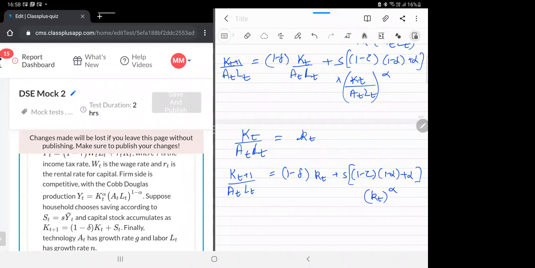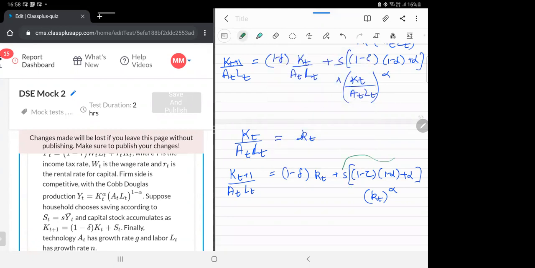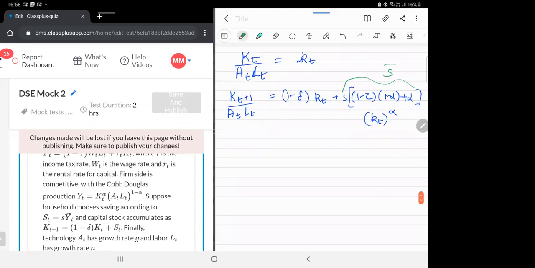Let me call this entire thing s prime. So this function just becomes (1 − δ)k_t + s′ k_t^α.